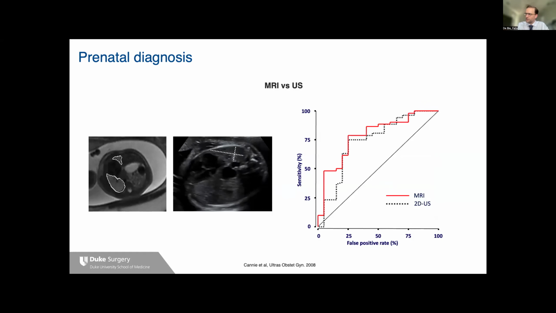Now, there were studies done comparing the accuracy of prenatal lung hypoplasia estimation between MRI versus ultrasound. And so from those studies, we know that ultrasound in experienced hands is as good as MRI, is definitely not inferior. So ultrasound in experienced hands is the way to go for most centers.